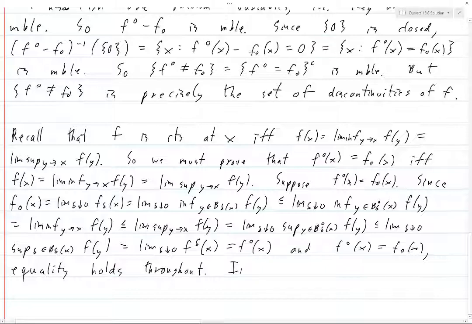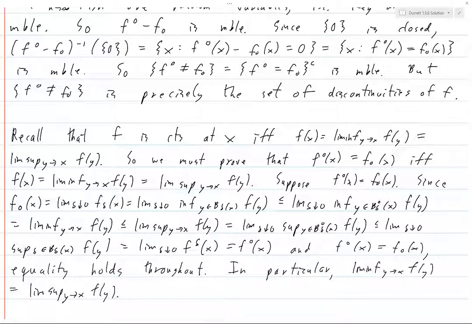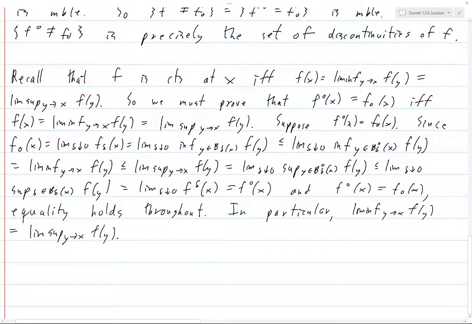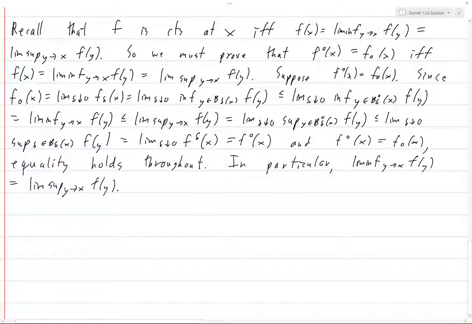So in particular, we have lim_inf as y goes to x of f of y equals lim sup as y goes to x of f of y. Alright, so that's part of it. We need the lim inf to equal the lim sup, which we now have. But now we actually need equality. We need both of these things to equal f of x.